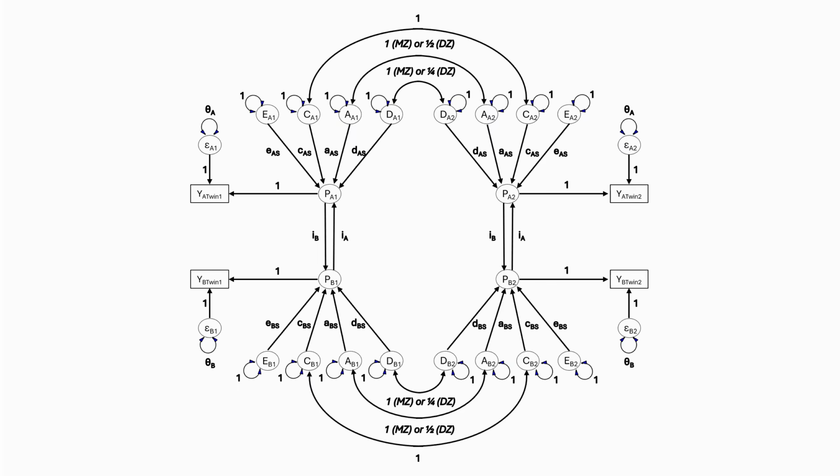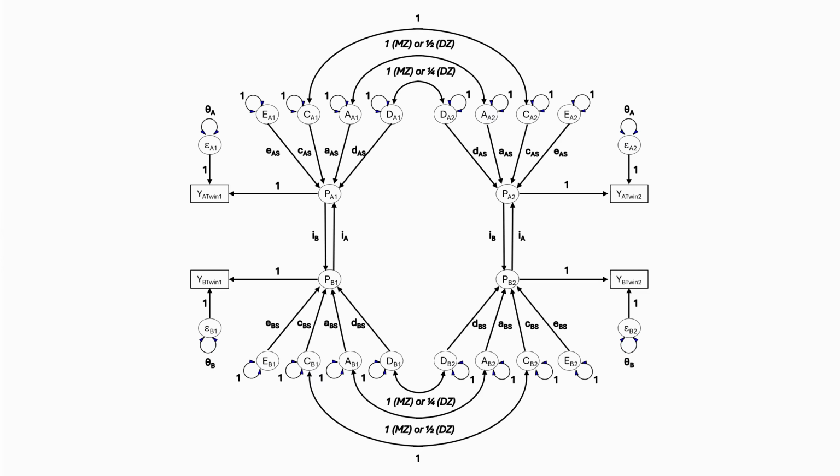Given we have 9 pieces of information, it's clear now that we only have enough information to estimate a maximum of 9 parameters in total. So investigators have to make a decision regarding what parameters they will drop from the model.